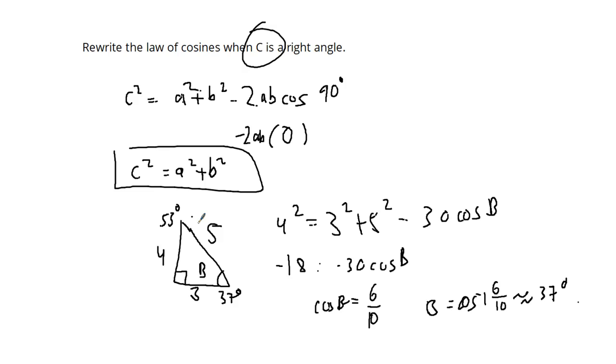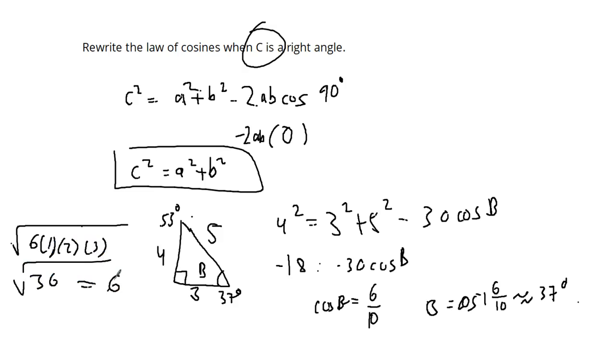See, the law of cosines when c is a right angle is really, really useful, right? And Heron's formula, obviously, if you take this triangle and you do Heron's formula, you'll have a square root of 6 times 1 times 2 times 3, which will give you square root of 36, which is equal to 6. And 3 times 4 divided by 2 is 6, right?